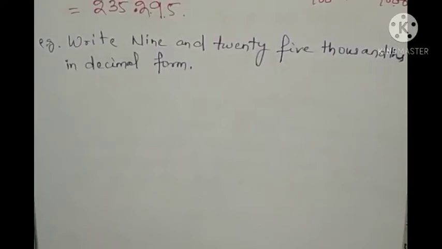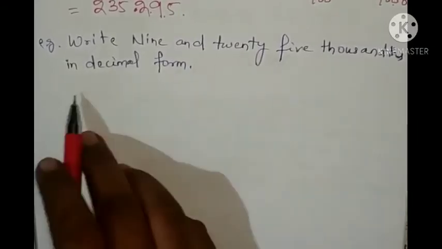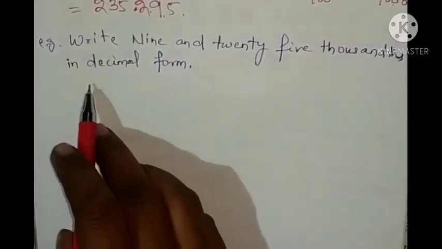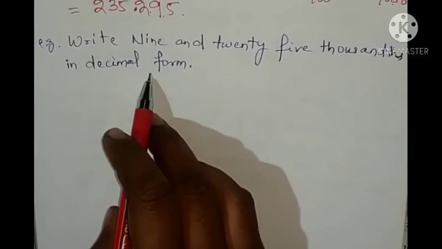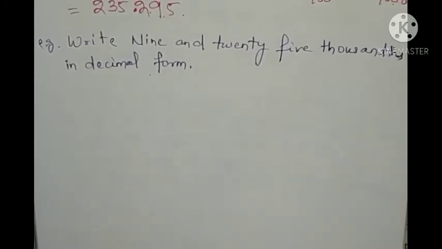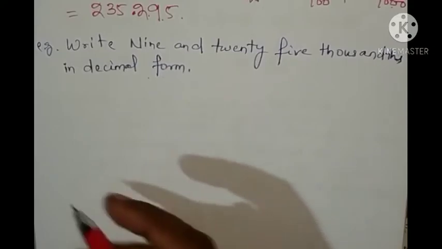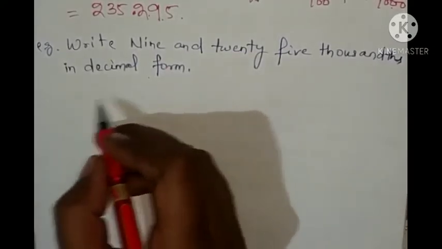Next we'll see, write 9 and 25 by 1000 in decimal form. So let's see, 9 and 25 by 1000.